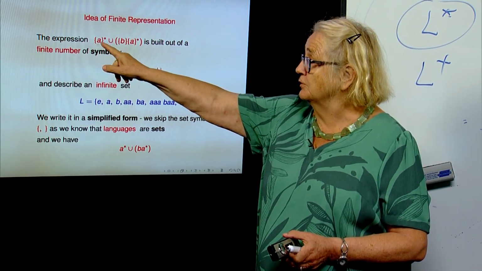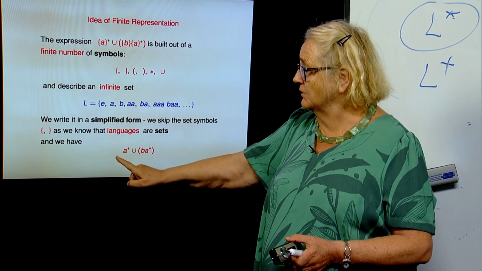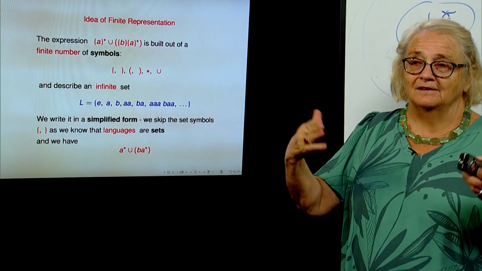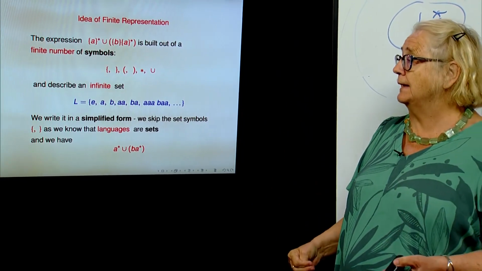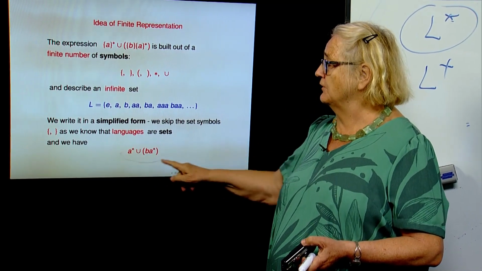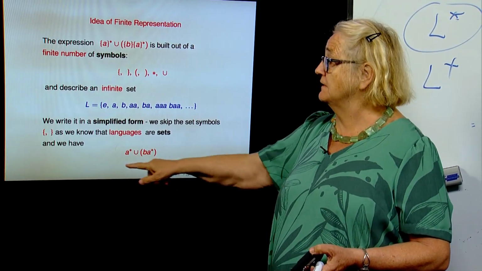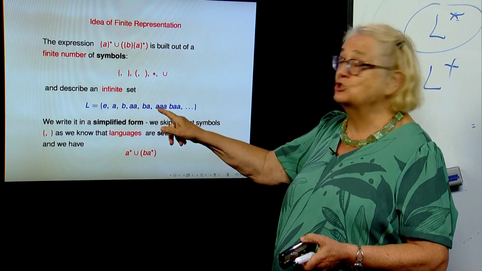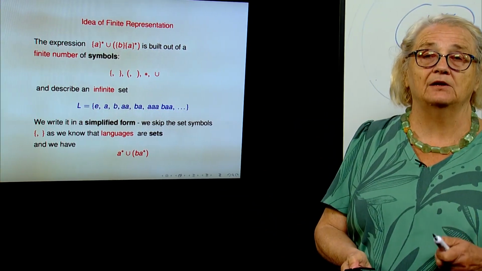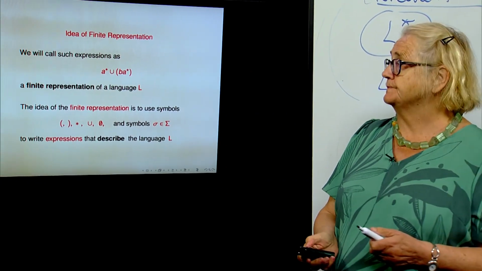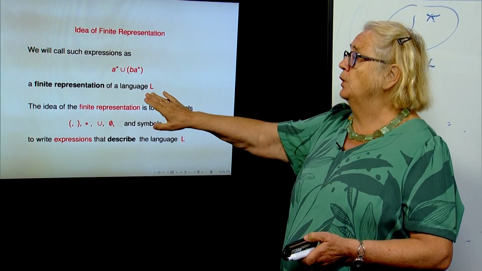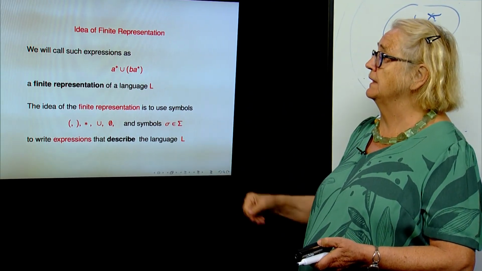Instead of writing the set and Kleene star, you can just write a star instead of the set which has a as its only element, and the same for the rest. So that would be my finite representation of that set, which represents the infinite set L. And that is the idea of finite representation. This expression we call a finite representation of the language.